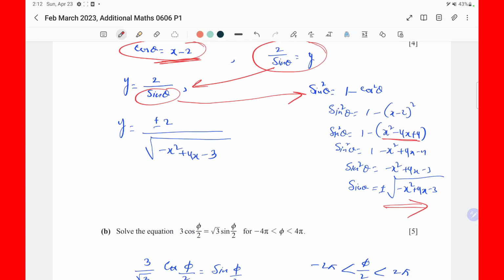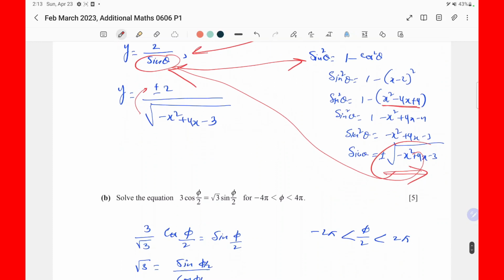Now 2 over sine theta, so I substitute. So y equals plus or minus 2 over the root of minus x squared plus 4x minus 3. So this is your y.